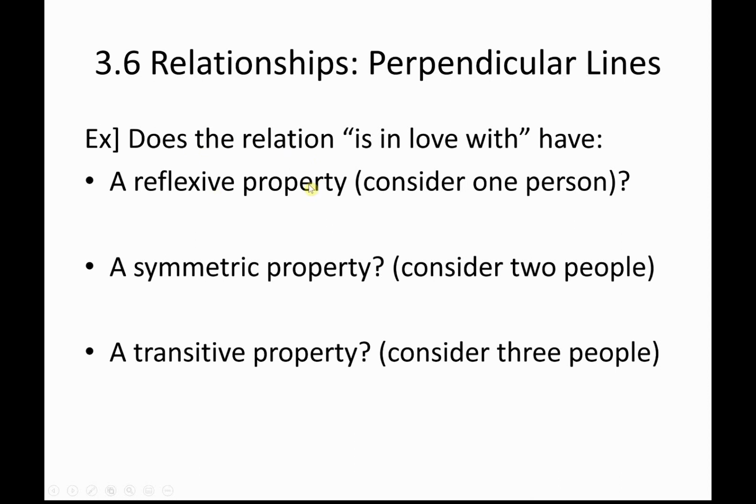It might have to be a case-by-case basis, whereas previously in the "is congruent to" angle congruency relation that was just outlined, definitely those three properties, reflexive, symmetric, and transitive, were in play, but that might not be the case with more qualitative relations like this one in this example, "is in love with."